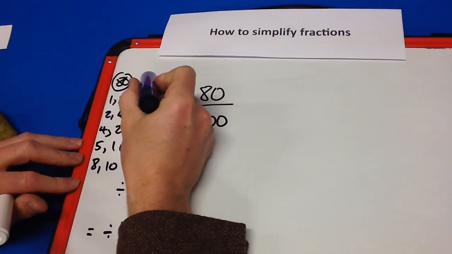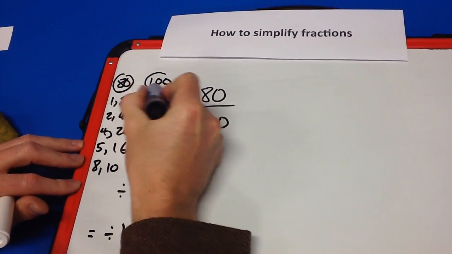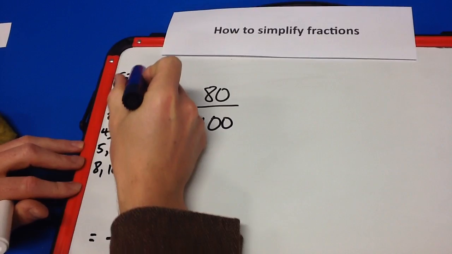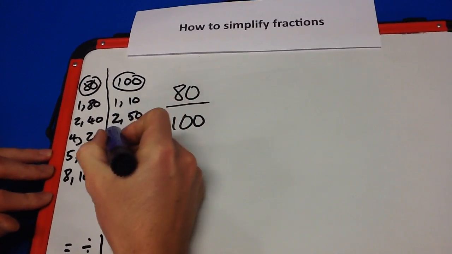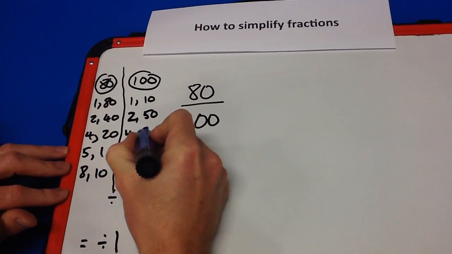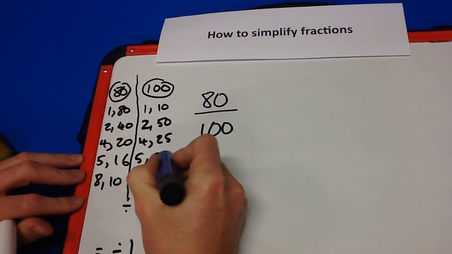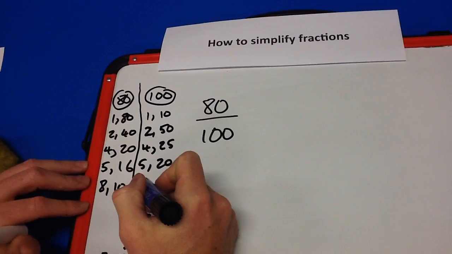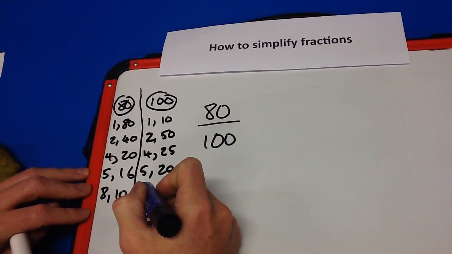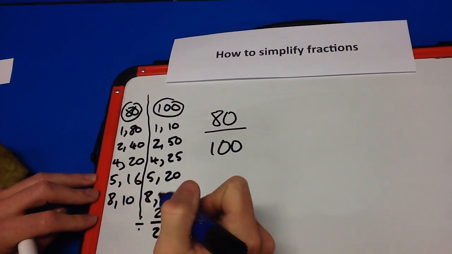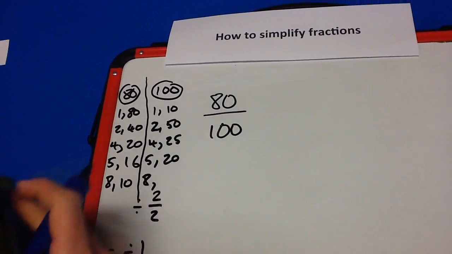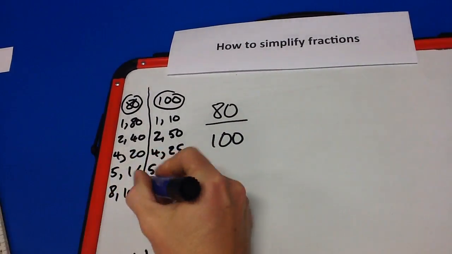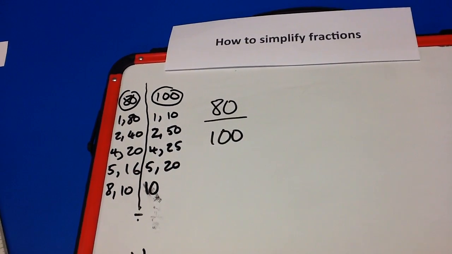And then if I do all the factors of 100, sorry, 1 and 100, just put this line down here so you can see the difference. 2 and 50, 3 and 4 and 25, 5 and 20, 6 and 7 and 8 and 8 times, no, that's not going to work either. 9, 10 times 10, so just 10.